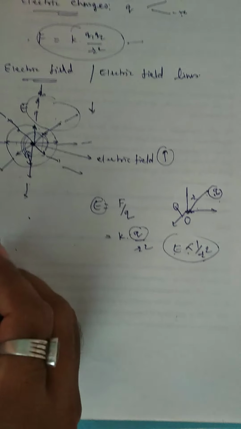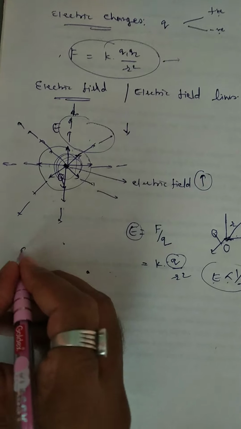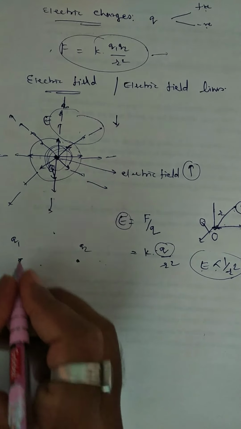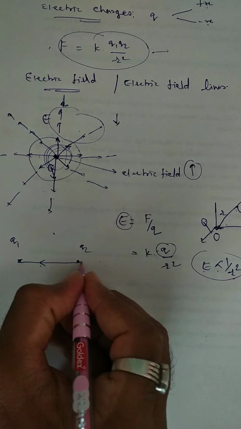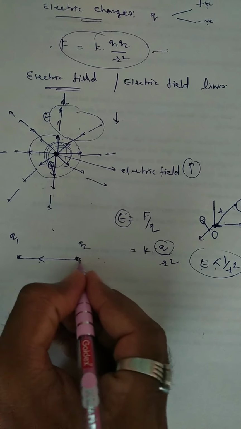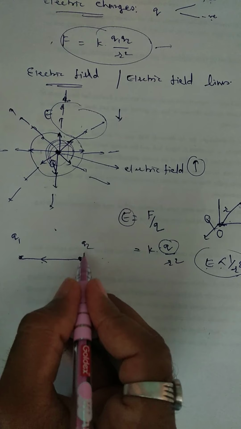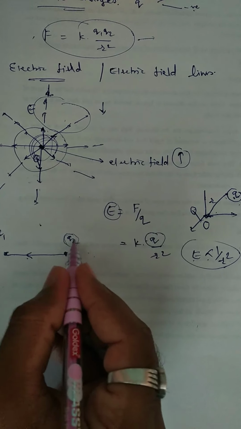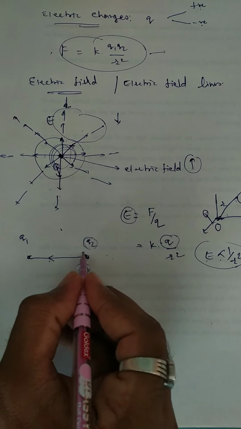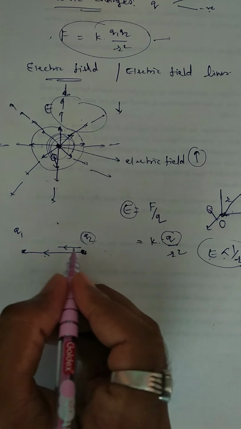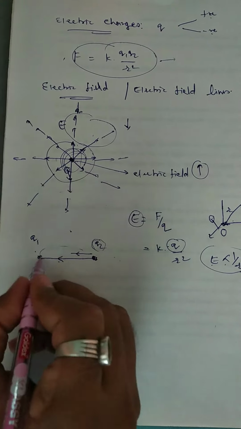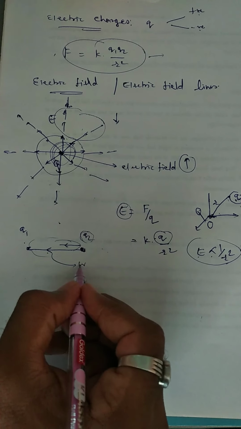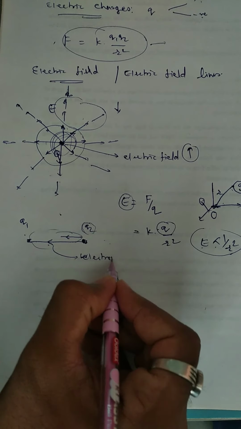Now suppose two charges are there. Suppose this is charge Q1 and this is charge Q2. If force is acting on charge Q1 because of charge Q2, then charge Q2 will move with some accelerating motion towards charge Q1, and that accelerating motion will be in terms of electromagnetic waves.